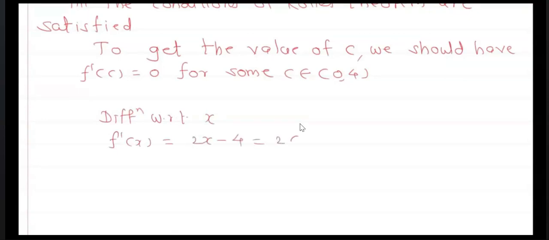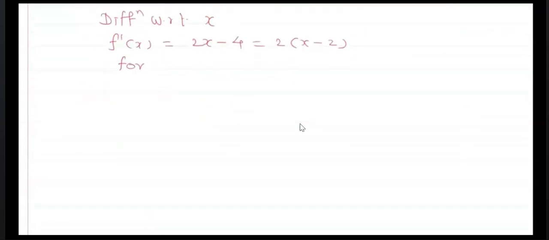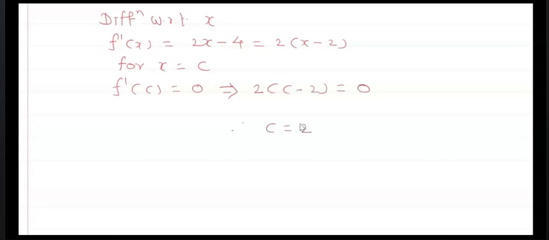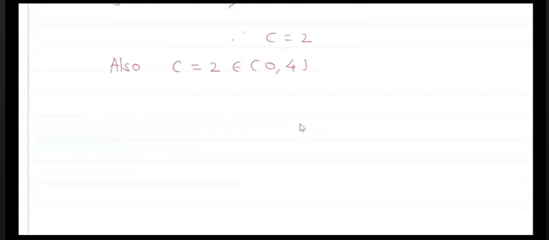Now differentiate the given function: its derivative is 2x minus 4, and that equals 0. That is 2 into bracket c minus 2, therefore c is equal to 2, which belongs to the open interval 0 to 4.